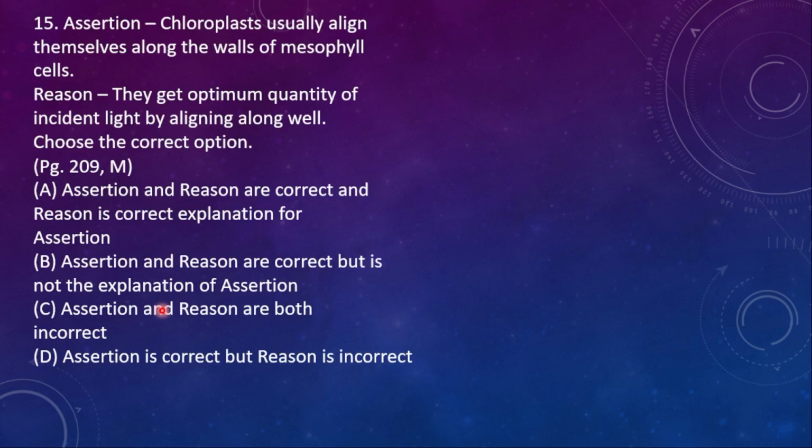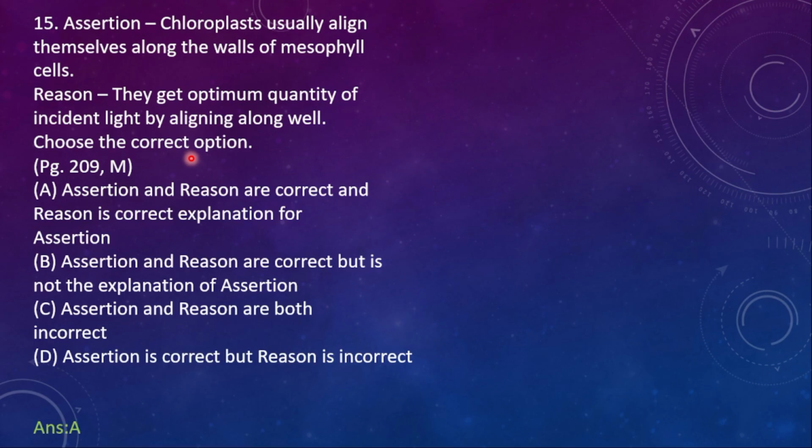Next, question number 15, an assertion and reason question. Assertion: chloroplasts usually align themselves along the walls of mesophyll cells. Reason: they get an optimum quantity of incident light by aligning along the wall. Choose the correct option.